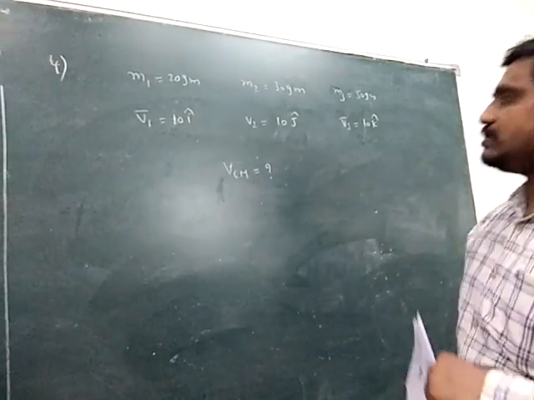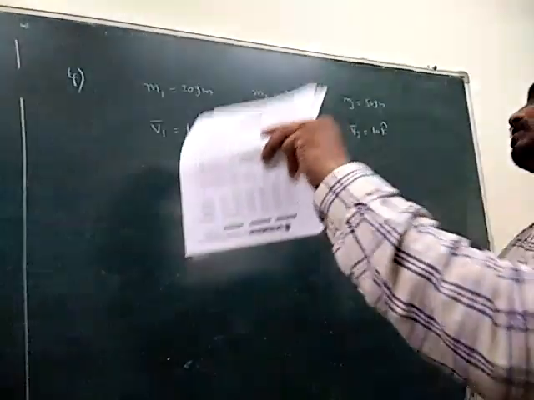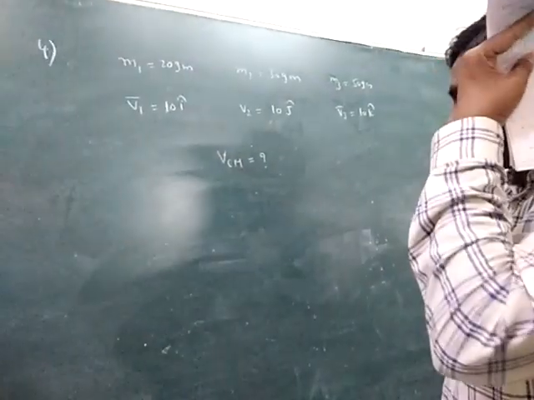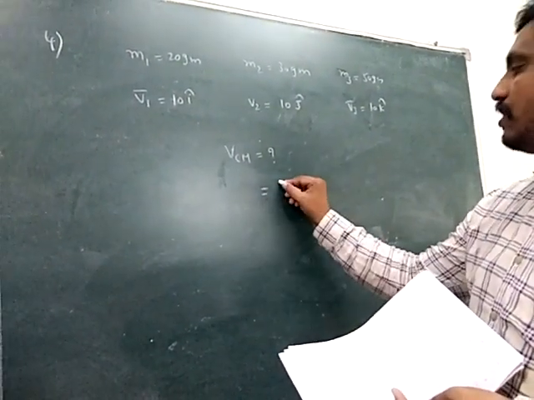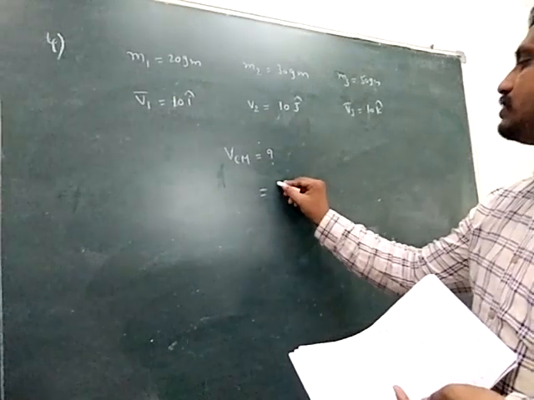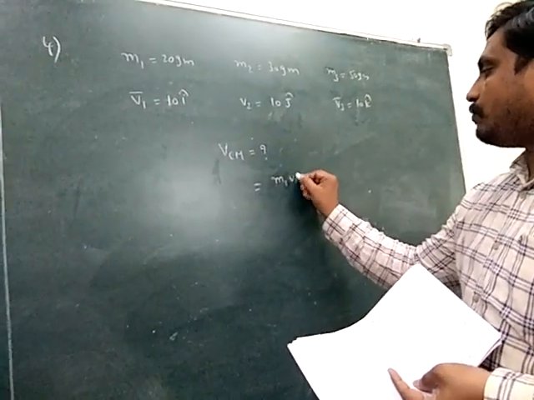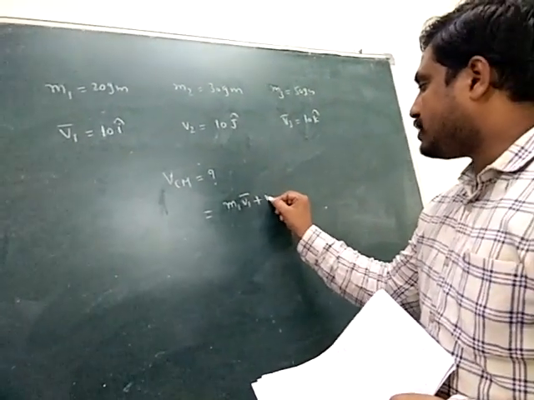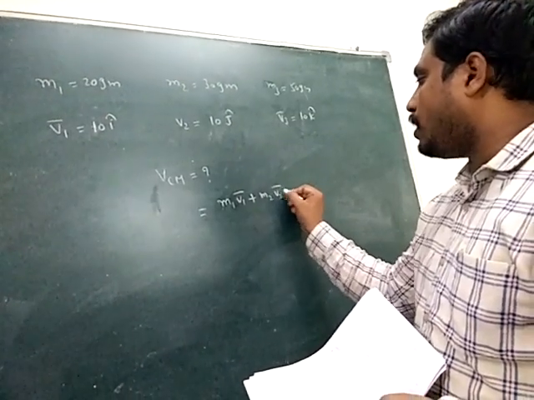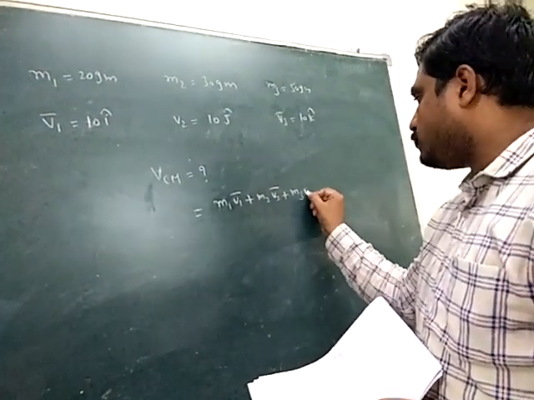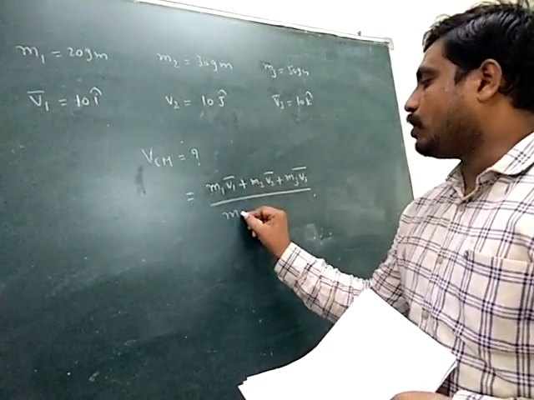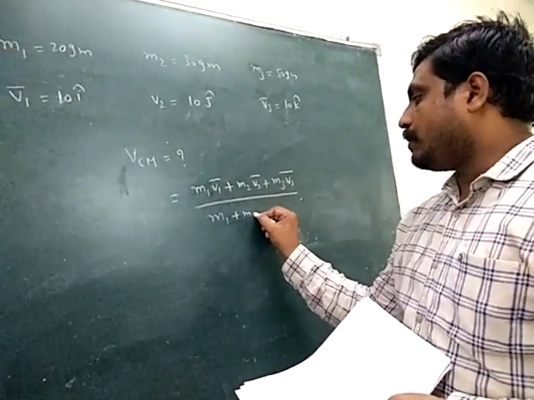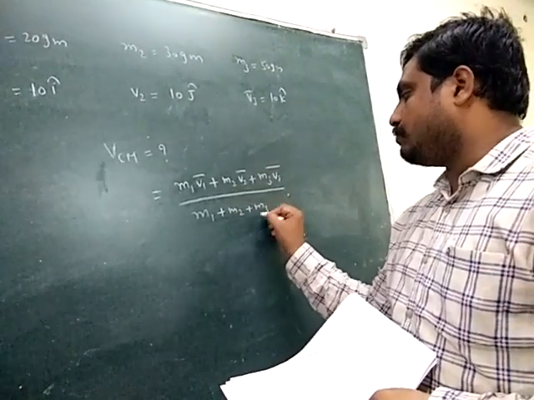For XCM with 3 masses, what is the formula? m1 x1 plus m2 x2 plus m3 x3 by m1 plus m2 plus m3. In a similar way, the VCM formula is m1 v1 bar plus m2 v2 bar plus m3 v3 bar, all by total mass m1 plus m2 plus m3.